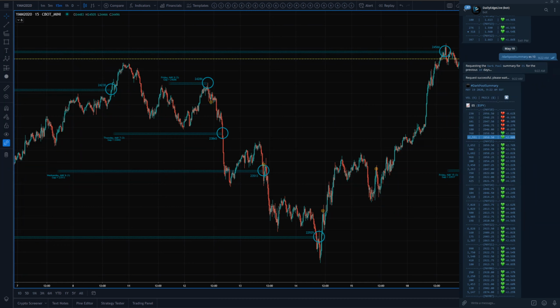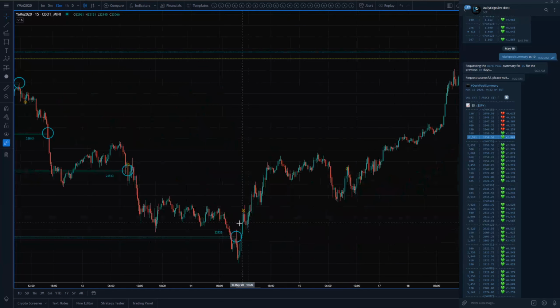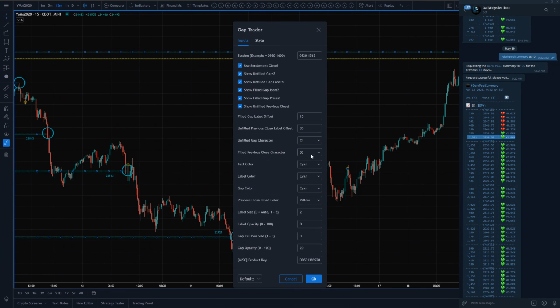So we're right around the previous close on Monday opening for Dow Jones futures. It is likely that we will immediately go up to this close and fill the gap, and when a gap is filled, this little X mark prints that you can change to anything that you want.